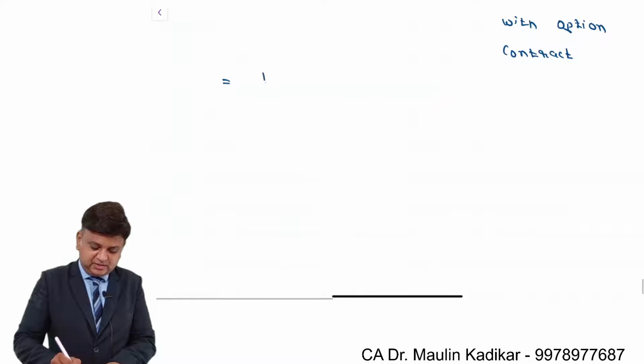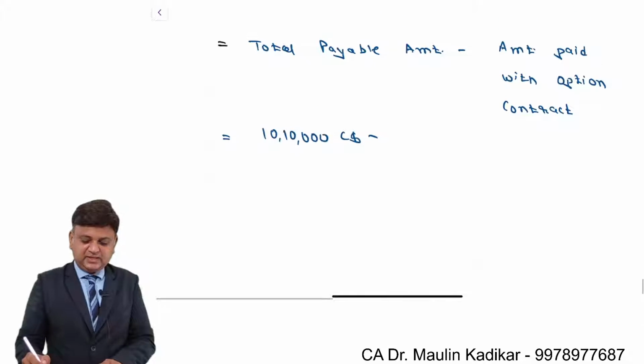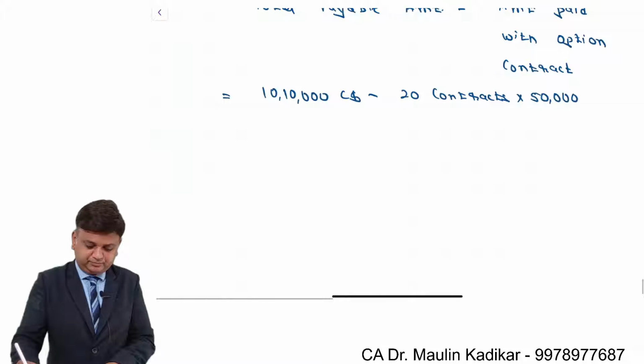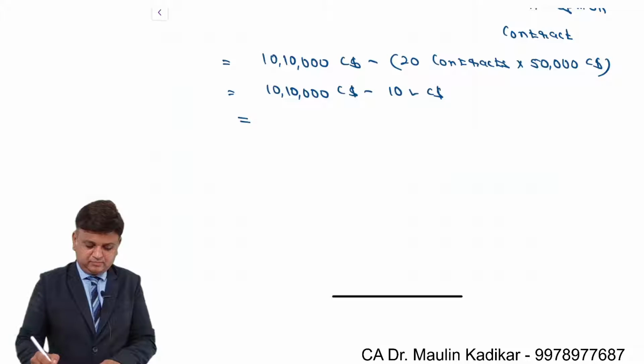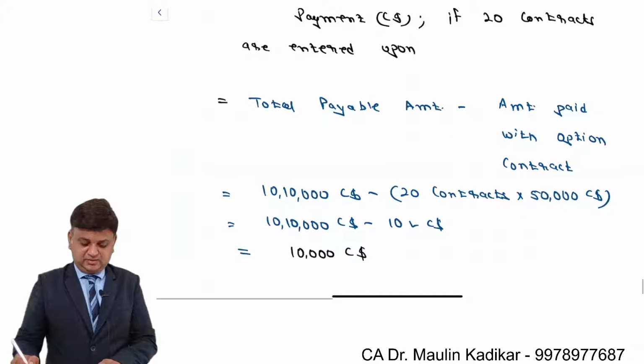Total payable is 10,10,000 minus amount paid with option contract, which is 20 contracts into 50,000. So 10 lakh 10,000 minus 10 lakhs. So it comes to 10,000 Canadian dollar. That is what we understand.